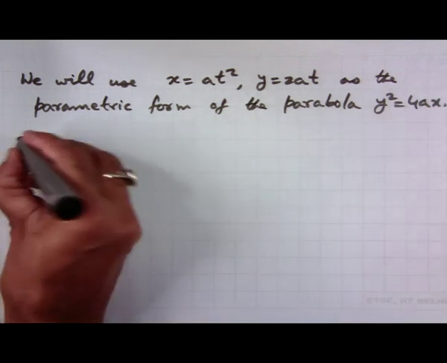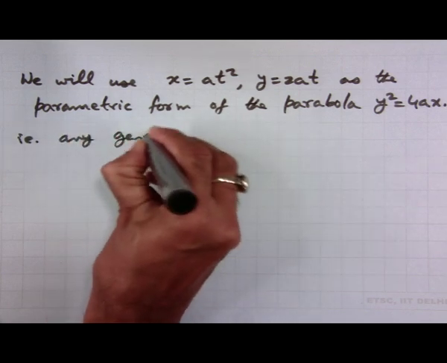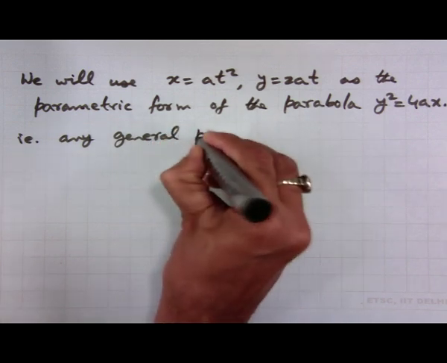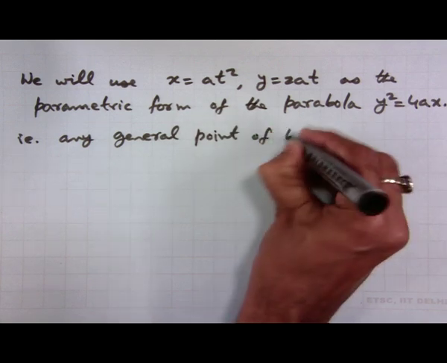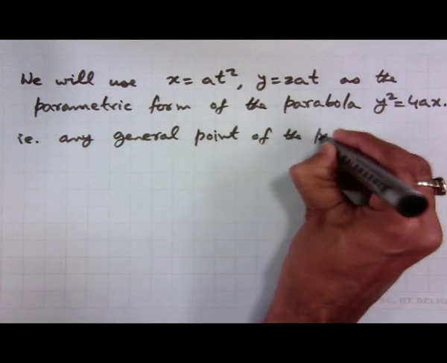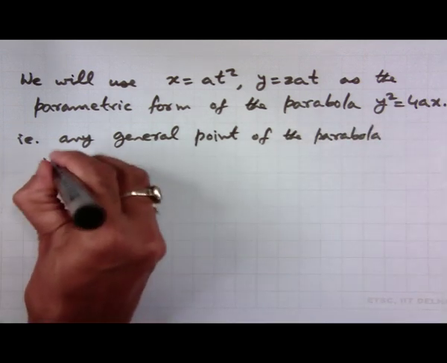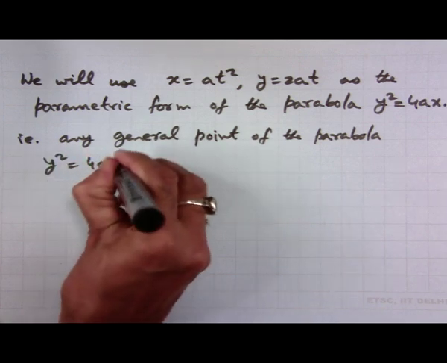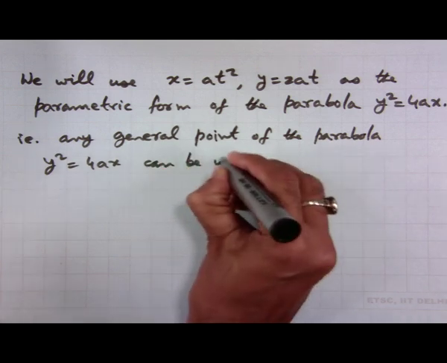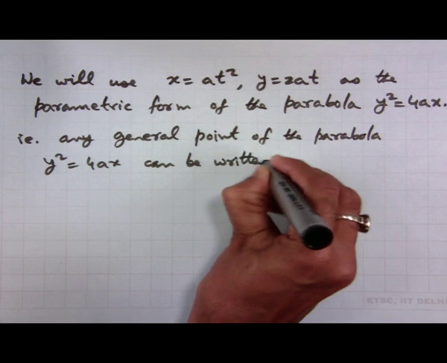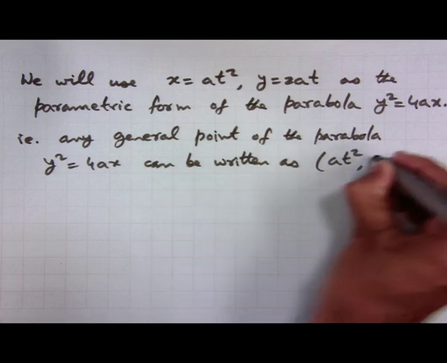That is, any general point of the parabola y square equal to 4 a x can be written as a t square, 2 a t.